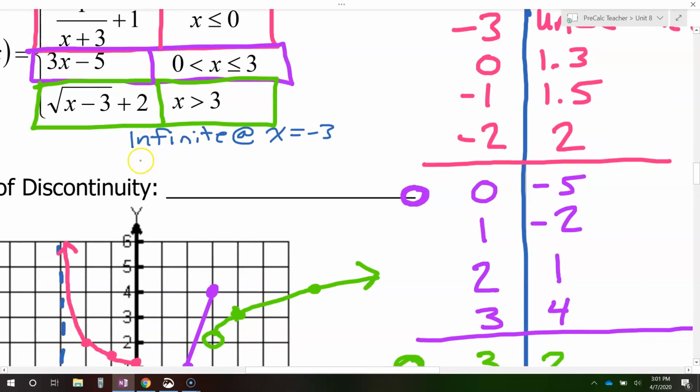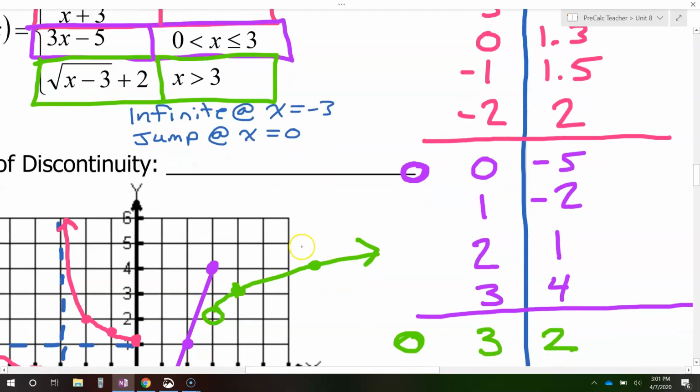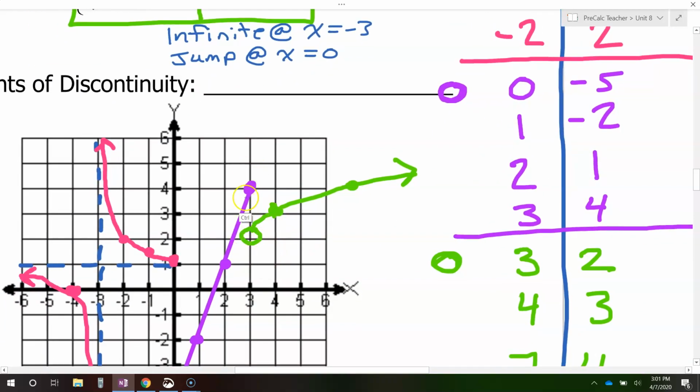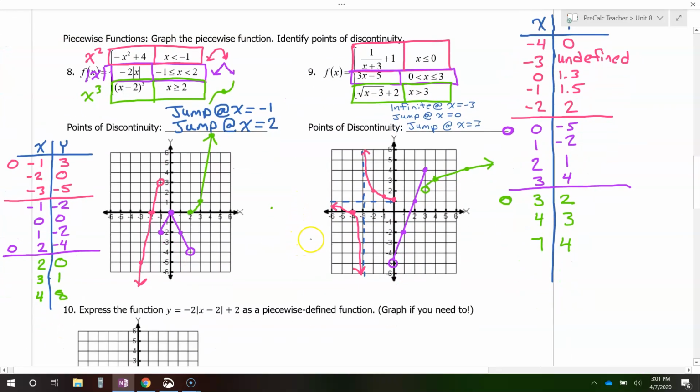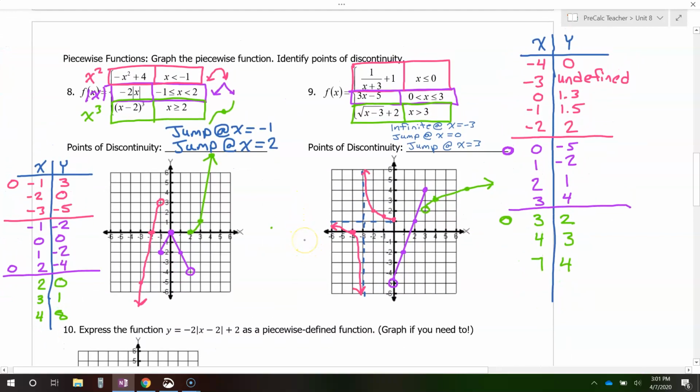So we're going to say that we have a jump discontinuity at x equals 0. And then we have another jump right here at 3. So we also have a jump at x equals 3. All right, and that is it. So that is how you graph a piecewise function, and that's what discontinuities are.